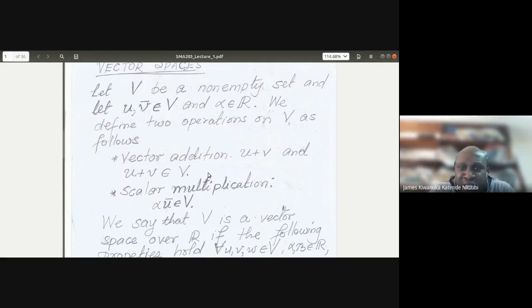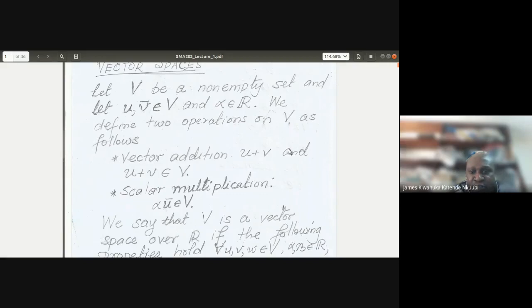So the vector addition is defined in such a way that if you add two vectors, again, I forgot to put the bars on top of the U and V, but those should be vectors. So bar U and bar V, when you add them, you should get another vector or another element of V. Also, if you pick any vector and multiply it by a scalar, you should also get another element in V. So there are these two operations.